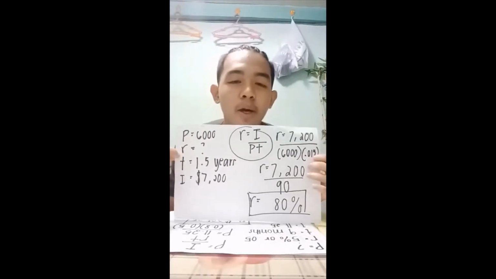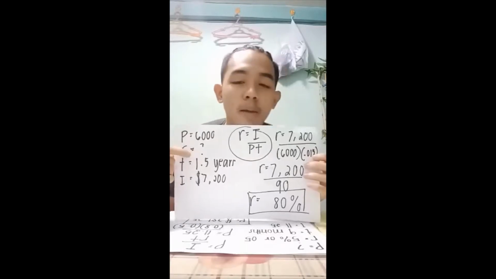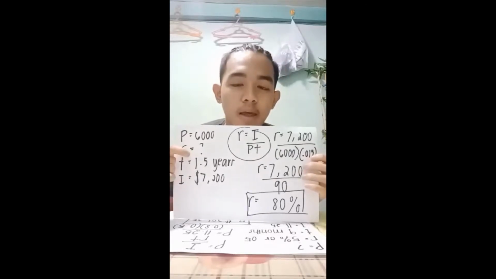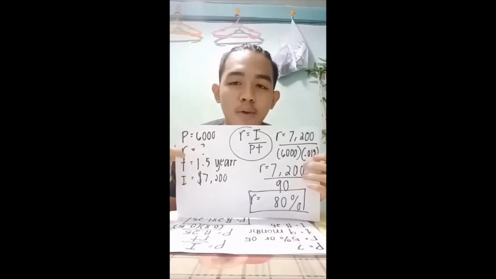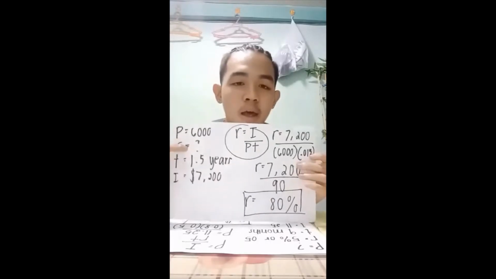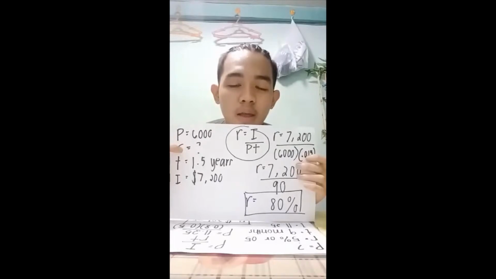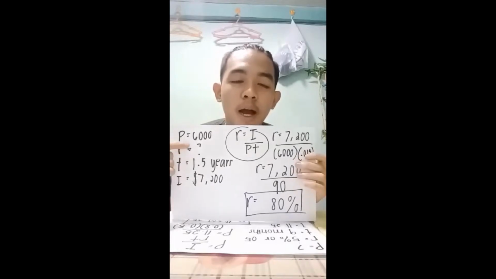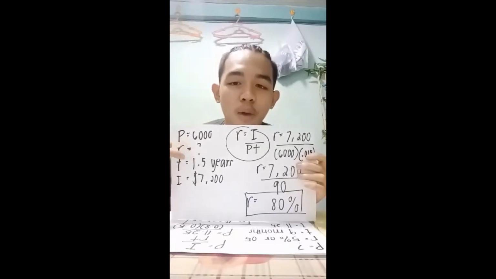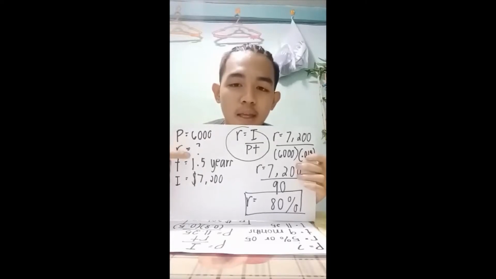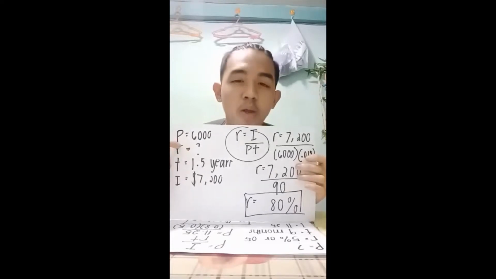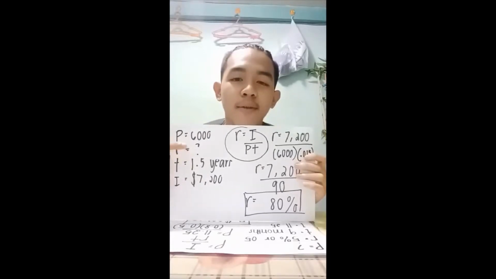Why 1.5? Because in the given problem, 18 months is given, so we have to convert that into years. 1 year has 12 months. If you subtract 18 minus 12, you have 6. Then 6 months is half of a year.